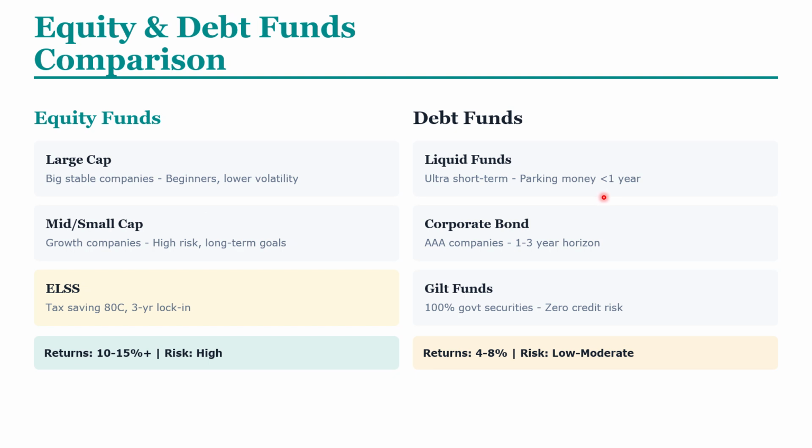After a week or two, if you need your money, you can withdraw it. Whereas corporate bond funds invest in AAA companies, here a 1 to 3 year time horizon will be there. Gilt funds are 100% government securities. So here there is zero credit risk as the government will pay your money. Here returns are 4 to 8%. Risk is low to moderate.